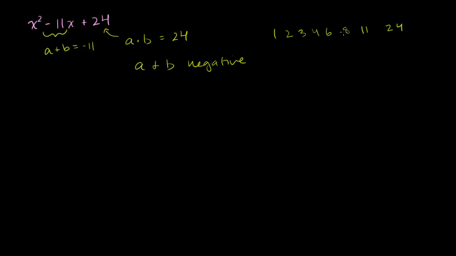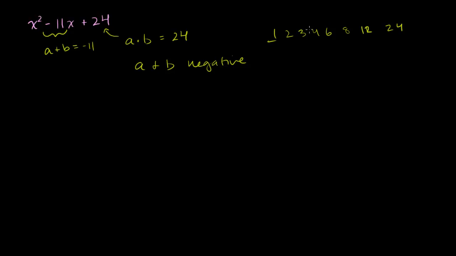Obviously, when I multiply 1 times 24, I get 24. 2 times 12, I get 24. So we know that all of these products are 24. But which two factors, when I add them, should I get 11? And then we could say, let's take the negative of both of those.